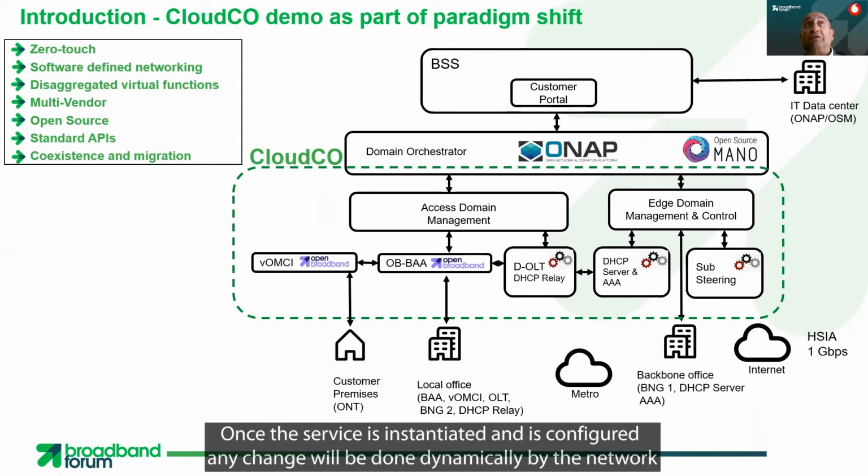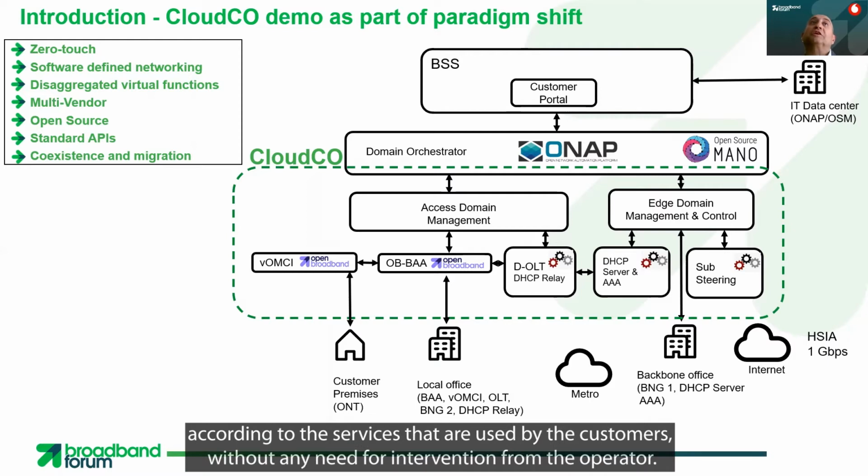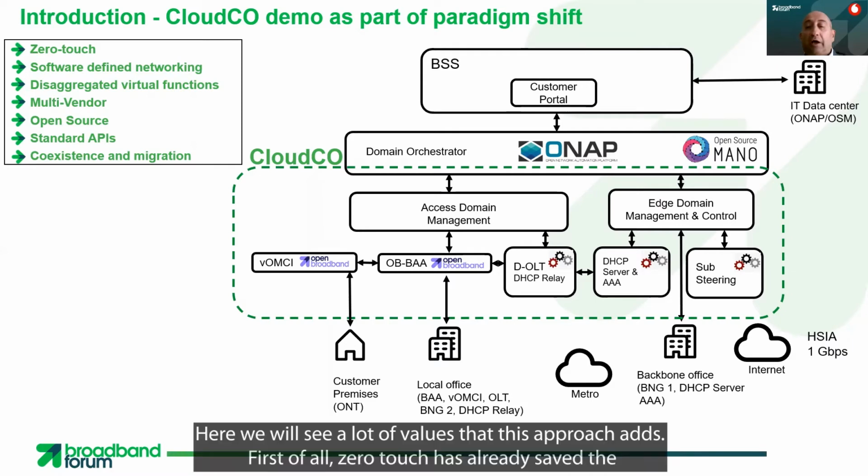Once the service is instantiated and configured, any change will be done dynamically by the network according to the services that are used by the customers, without any need for intervention from the operator. Here we will see a lot of value that this approach has.